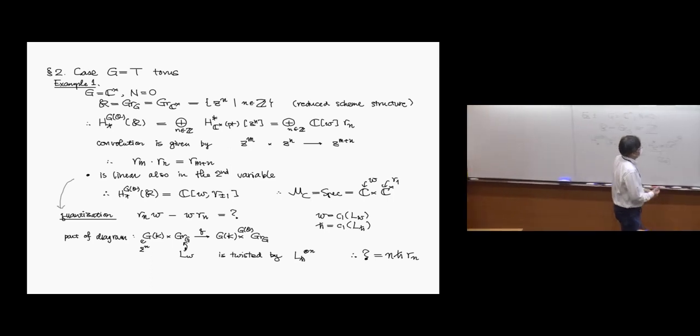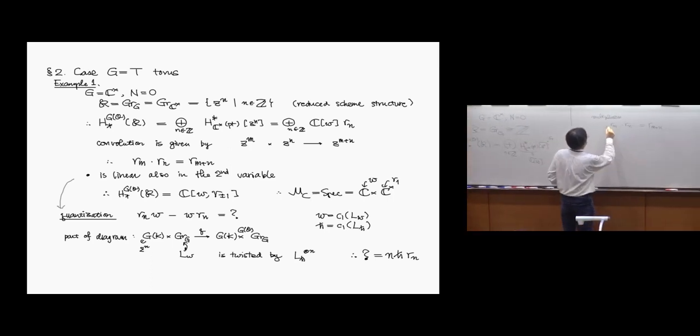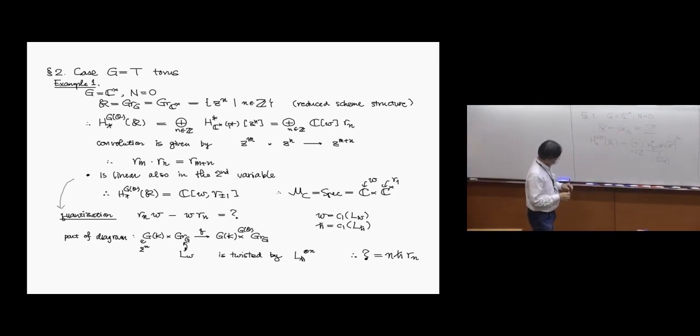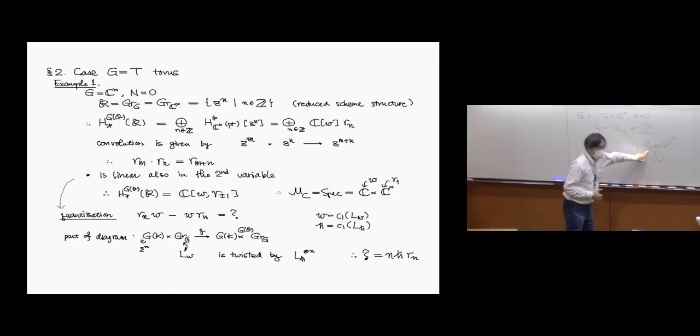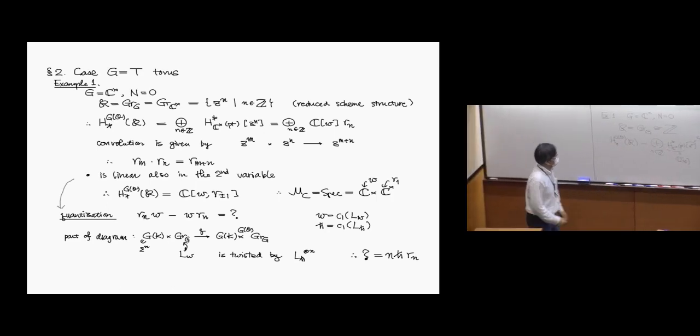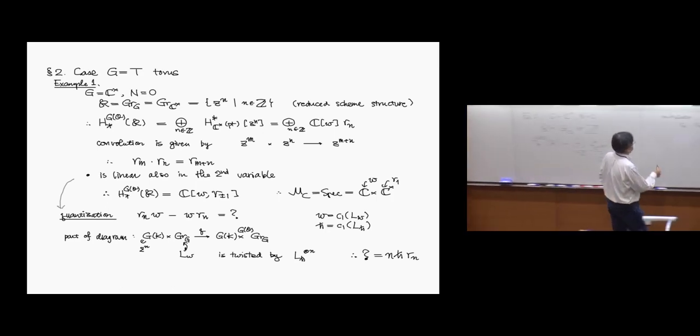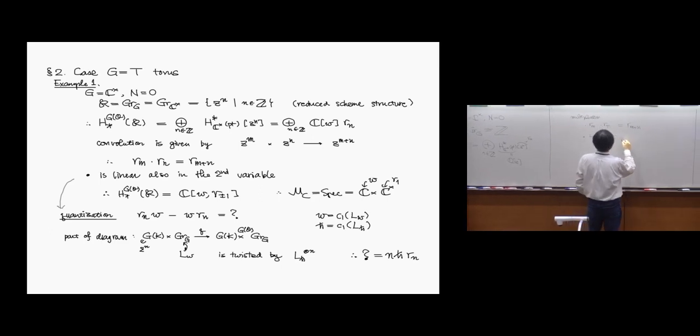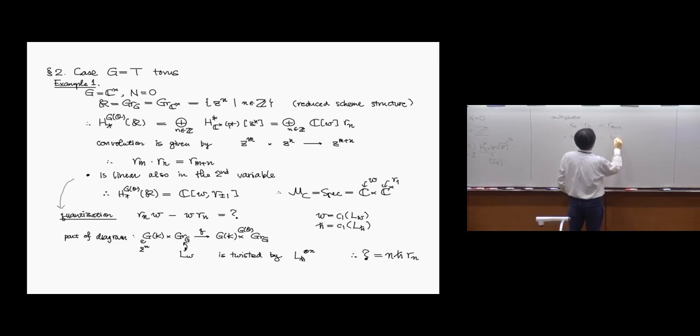This is the easy part. Then I said that this multiplication is linear in the equivariant homology for the first variable. So f of w times Rm times Rn is f of w times R of m plus n.